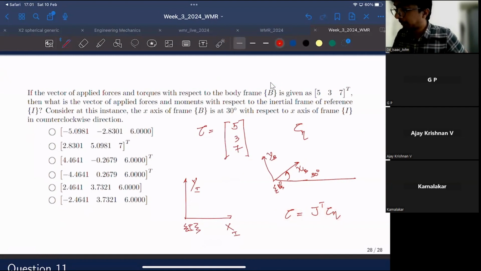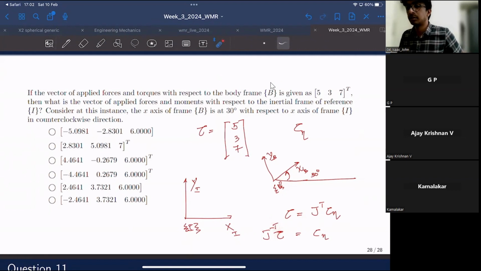If you pre-multiply LHS and RHS with J inverse transpose, tau would be tau eta. Here J inverse transpose is similar to taking inverse twice or transpose twice, because inverse and transpose are basically the same for an orthonormal matrix.